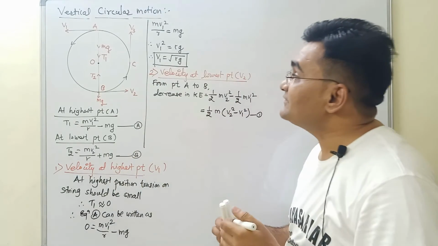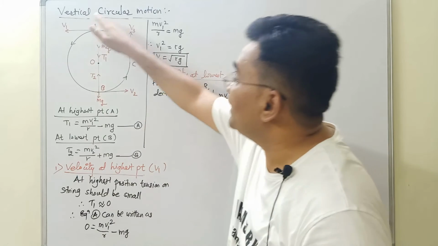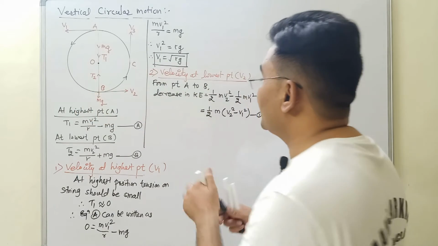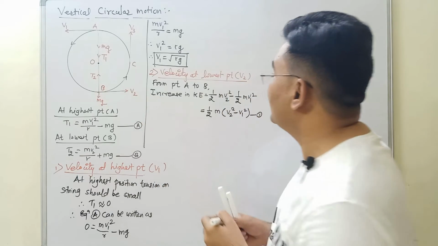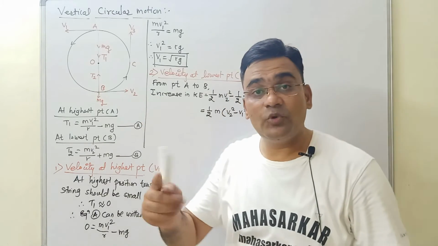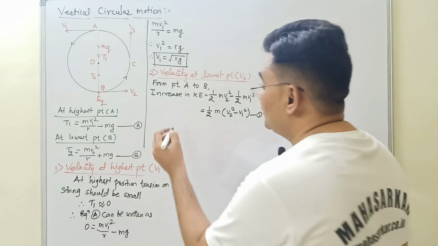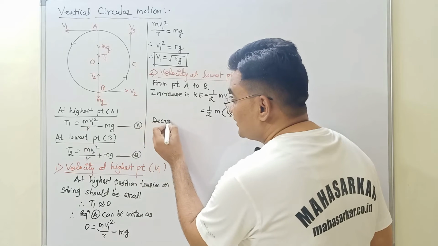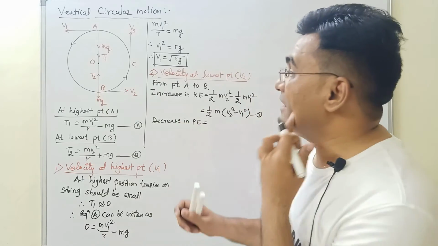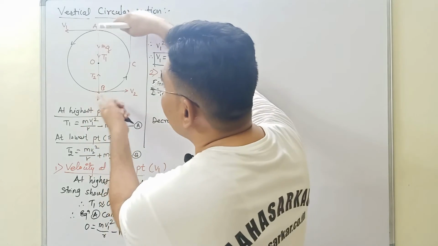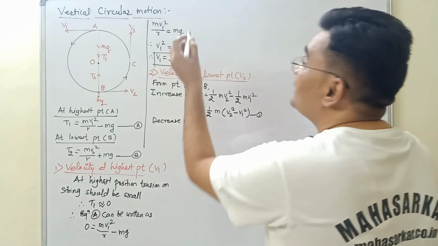Now when we are saying that the object is coming from A to B, increase in kinetic energy. At the same time, potential energy decreases, so the decrease in potential energy is equal to, see, now when it is at the highest point, what is the potential energy according to the formula?